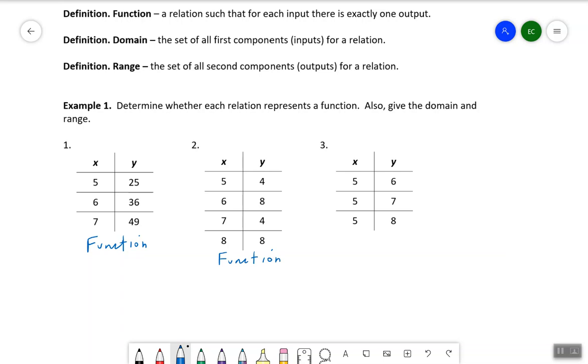And then in the third table, does each input have exactly one output? Well, this time the input 5 has 3 different outputs. The input 5 can make the output 6 or 7 or 8. So no, this is not a function.